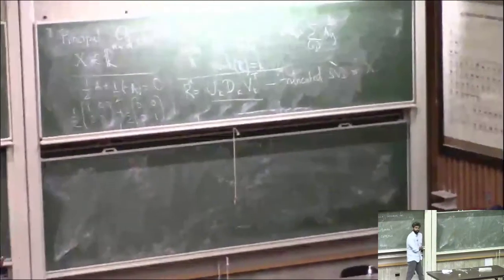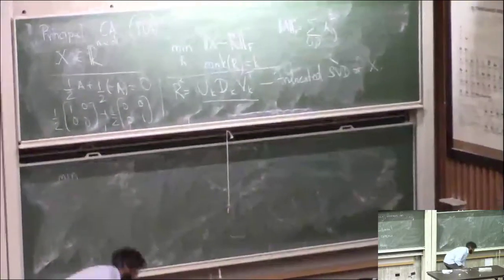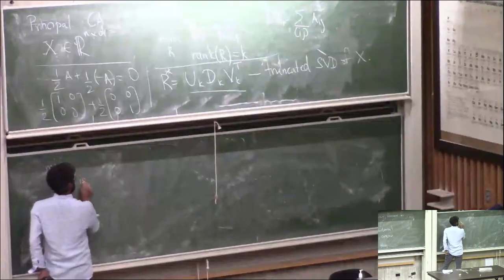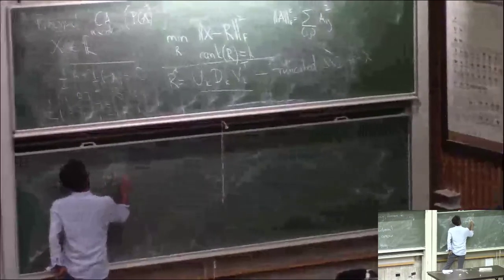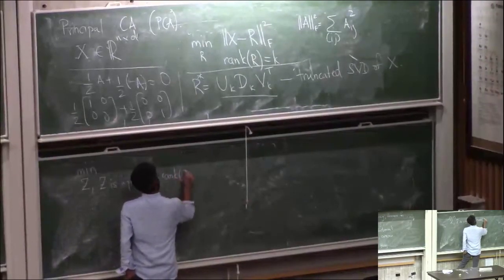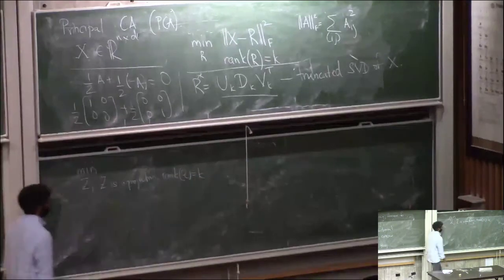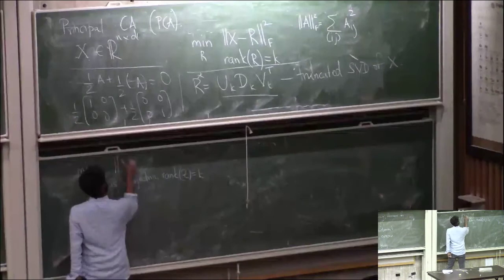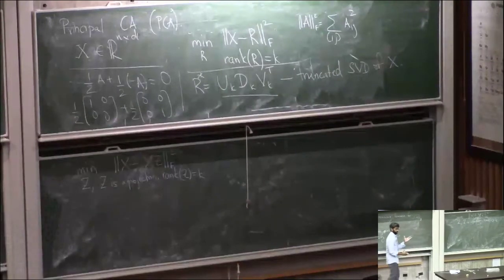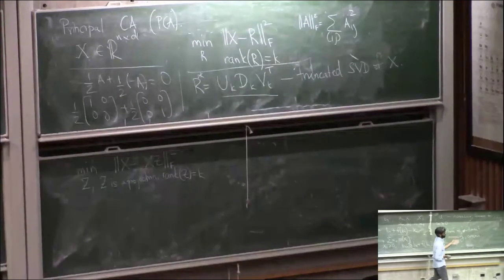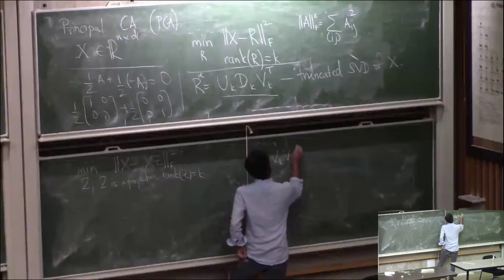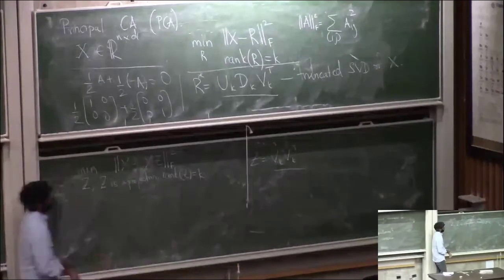The original problem of PCA is equivalent to minimizing over Z's, where Z is now going to be a projection matrix, and rank of Z is K. And I'm going to minimize the Frobenius norm squared of X minus X times Z. So you should think of at optimum, Z will just be equal to V_K V_K transpose. So this is a projection matrix, and it will optimize this objective.